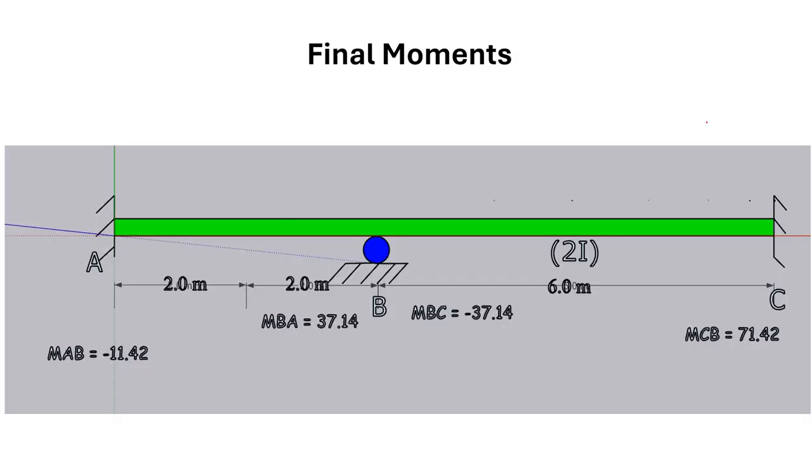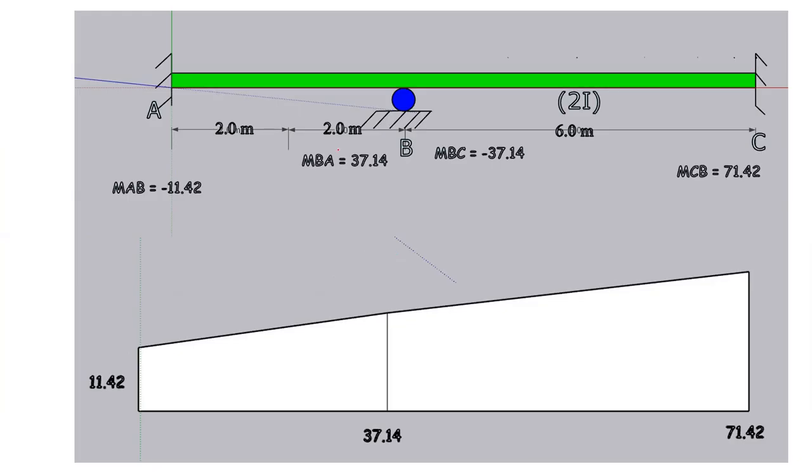So for this beam, first we draw the bending moment here. At this location, as you know, it was 11.42. So this bending moment diagram is drawn by parts. First you consider the moments which have been calculated earlier. That is, here you have calculated the final moments, so these are the final moments using the slope deflection equation. 11.42, it was negative.